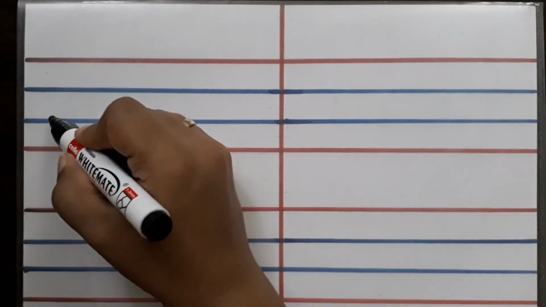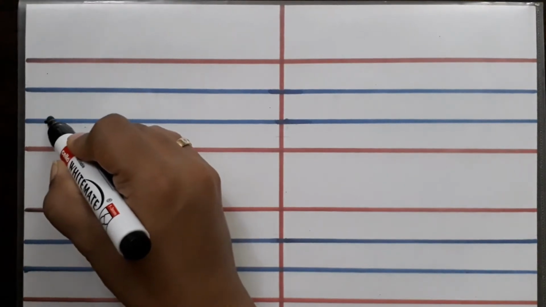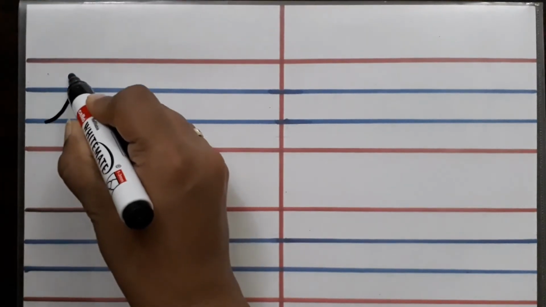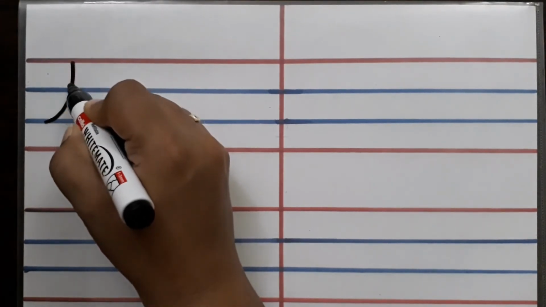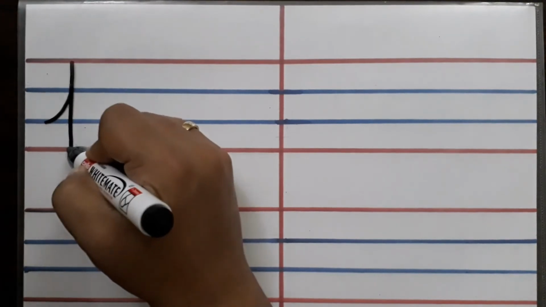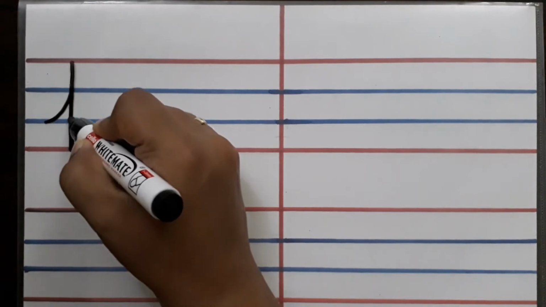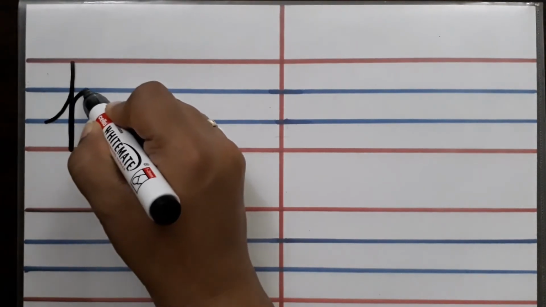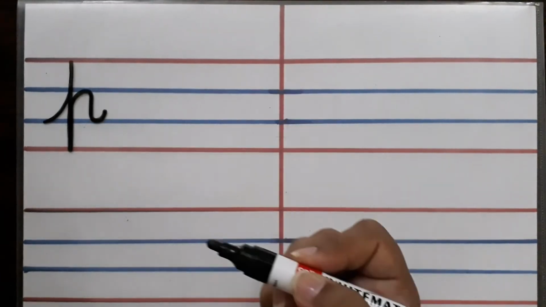Okay, so I put my pencil on the second blue line. I make a small slanting line, go up, touch the red line, come down on the straight line, touch the red line down, move up again, turn and make a tail.